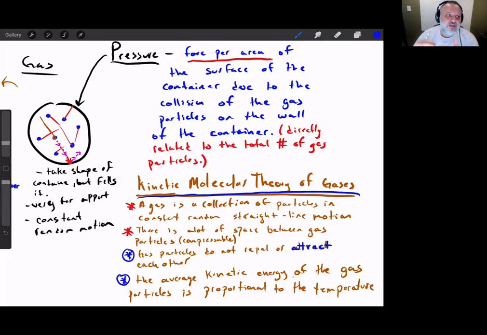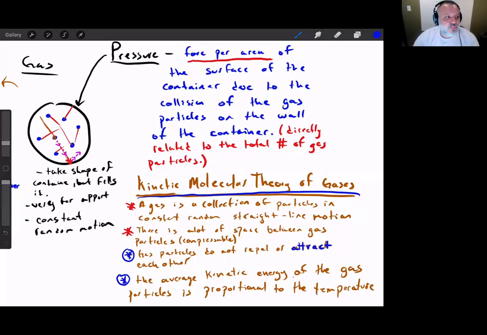In this particular version, the kinetic molecular theory of gases, we're establishing some postulates on how we can describe gases, and ultimately we're going to use those postulates to develop an equation that describes a gas that fits this ideal model. It's called the ideal gas law.